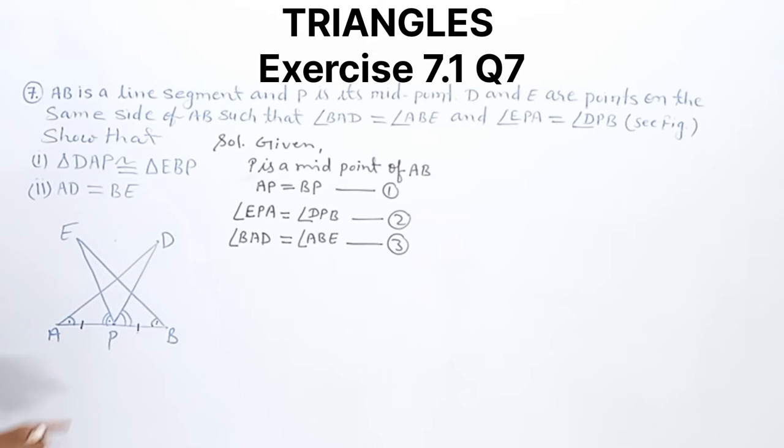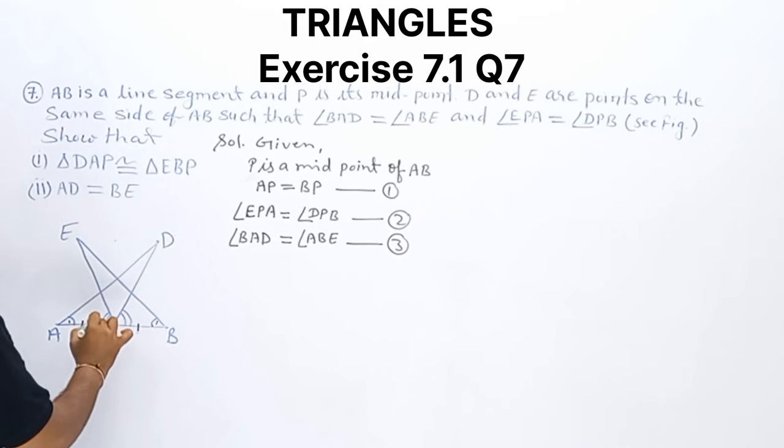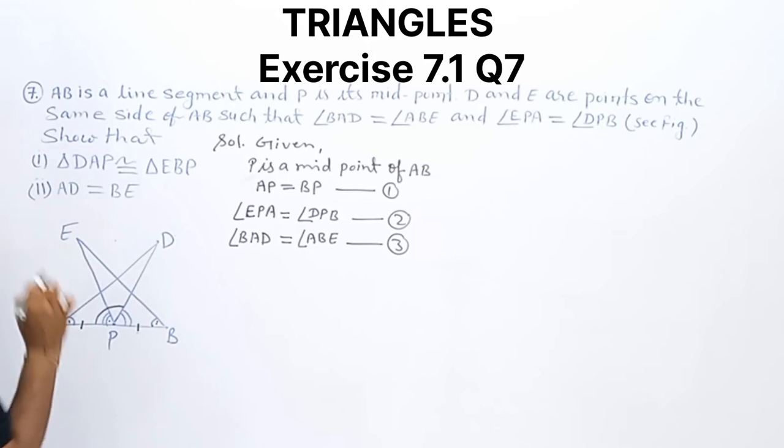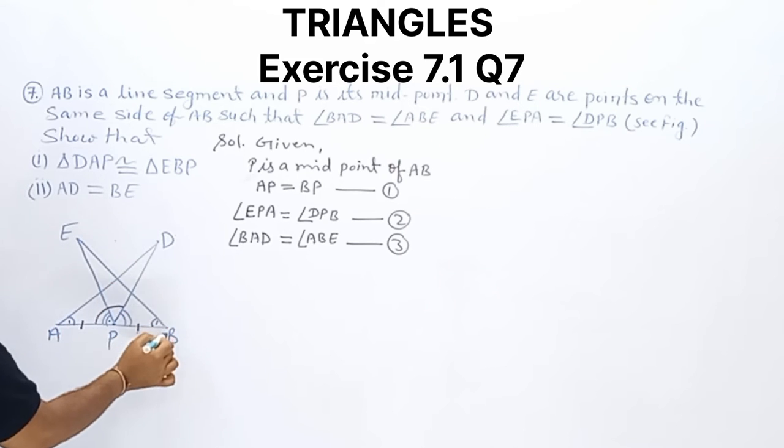So this angle equals this one, but for this triangle we should know this angle. Once we talk about triangle DAP, one is this angle equal to this one. Another triangle is EBP.